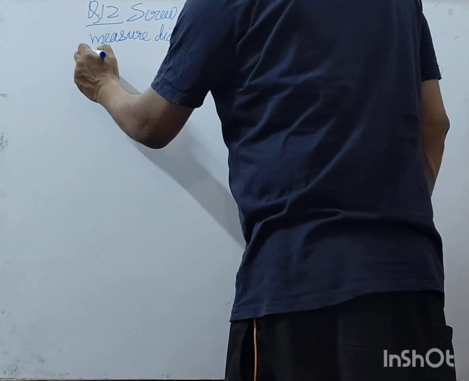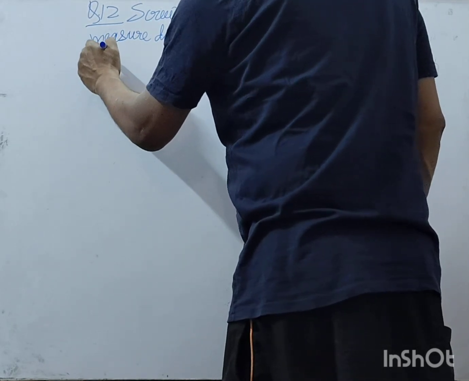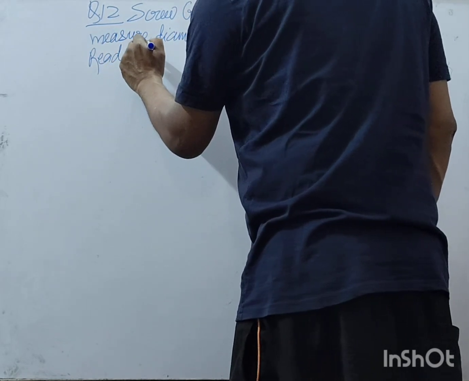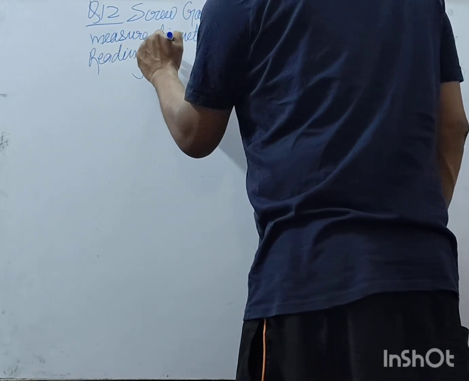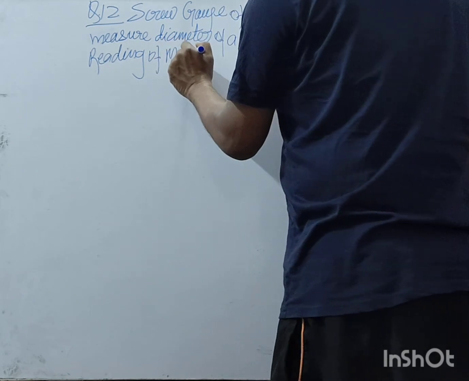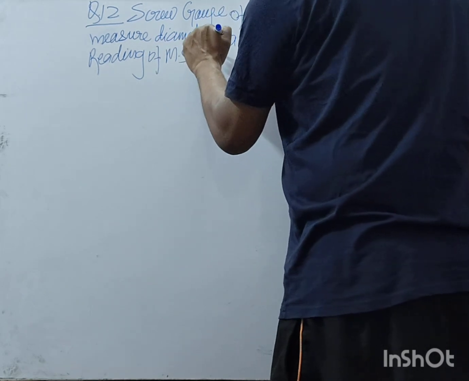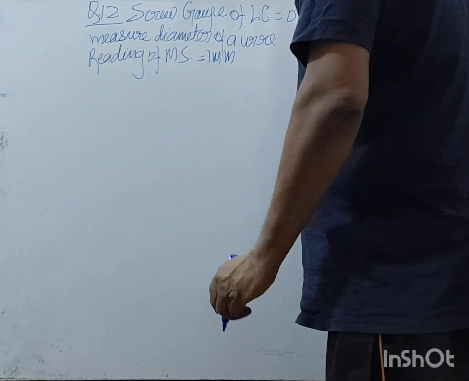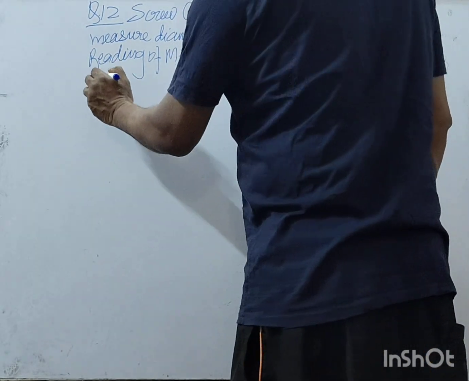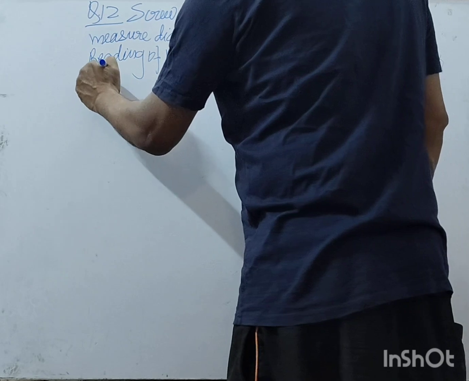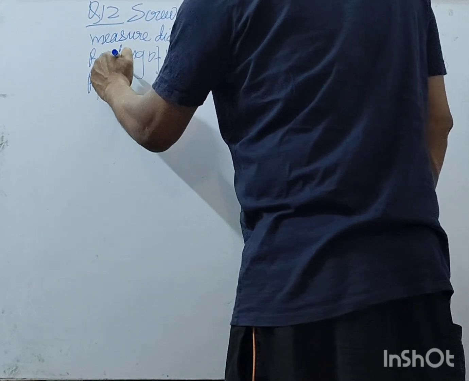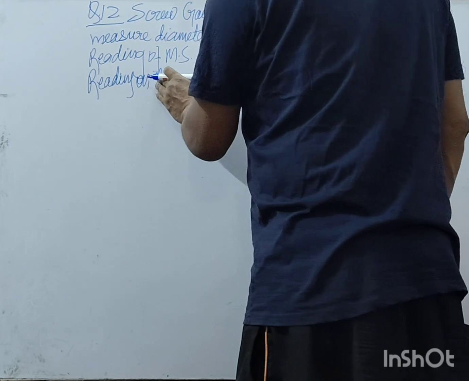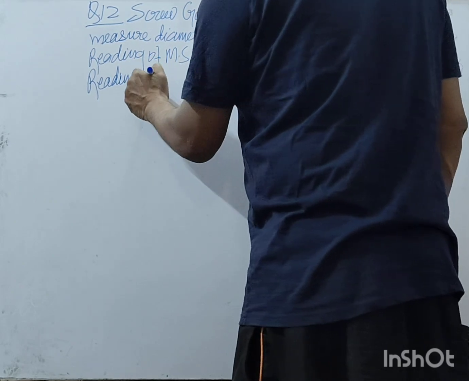The reading of the sleeve, main scale, is equal to 1 millimeter. And the reading on the thimble is found to be 27 divisions. On the thimble means on the circular scale.